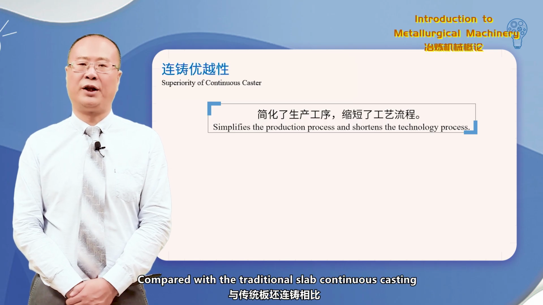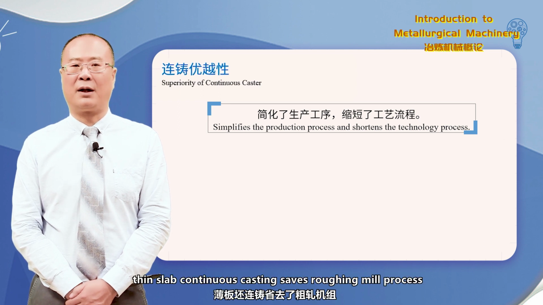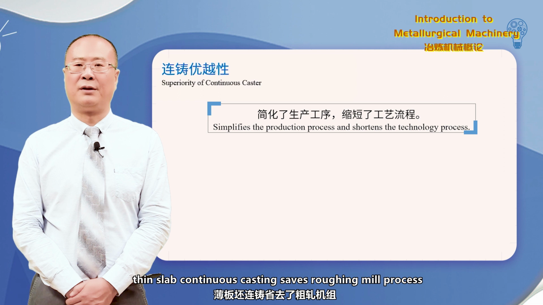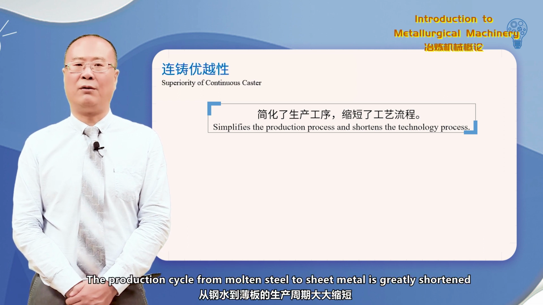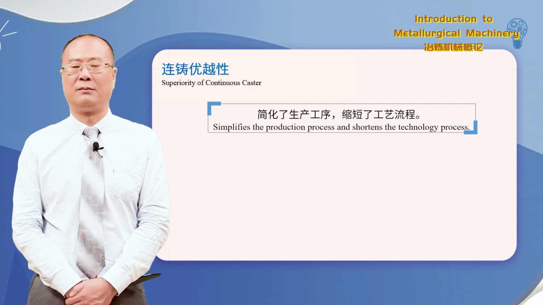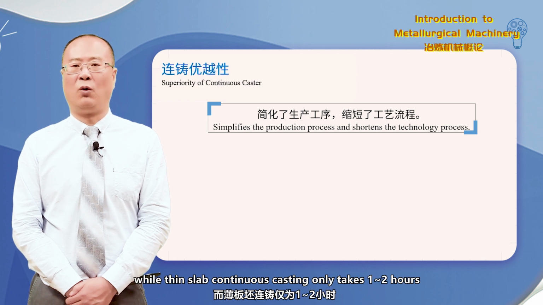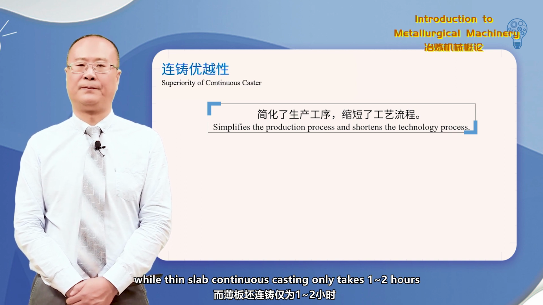Compared with traditional slab continuous casting, thin slab continuous casting saves the roughing mill process. The production cycle from molten steel to sheet metal is greatly shortened. Traditional slab continuous casting takes about 40 hours, while thin slab continuous casting only takes 1 to 2 hours.